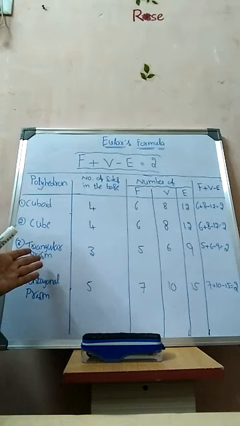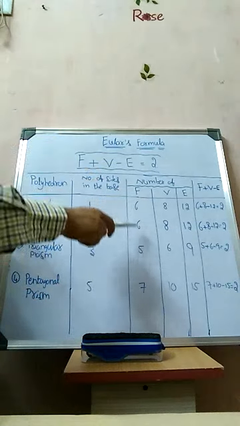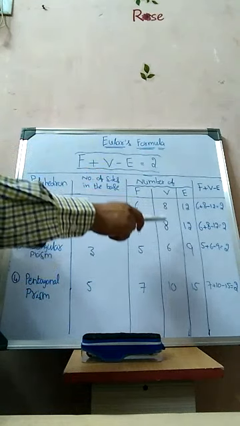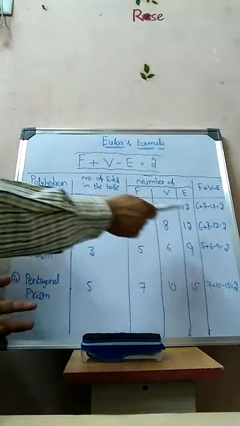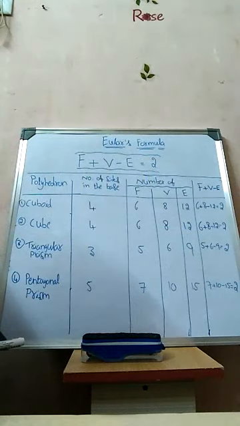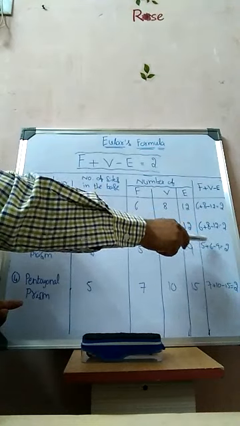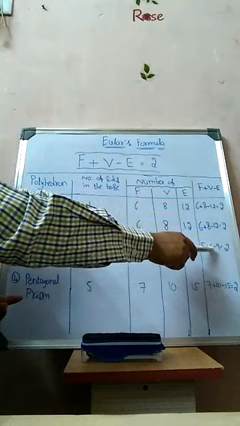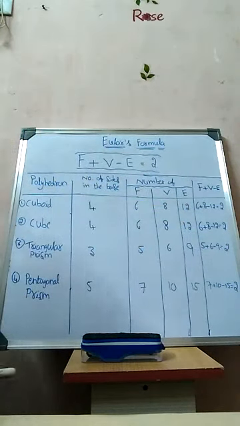Moreover, we know the number of faces for triangular prism is 5, vertices are 6, edges are 9. Substitute in Euler's formula: F plus V minus E, that means 5 plus 6 minus 9. So 5 plus 6, 11. 11 minus 9, 2. Again, I got 2 here.